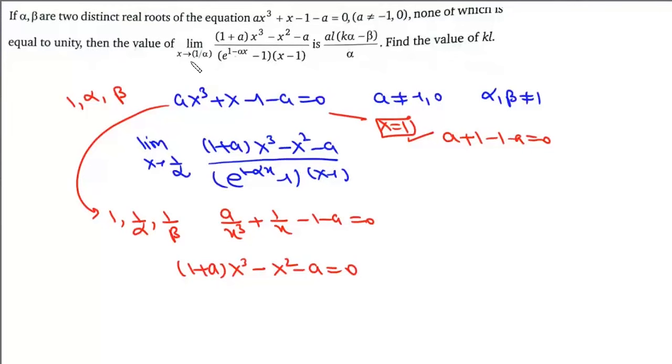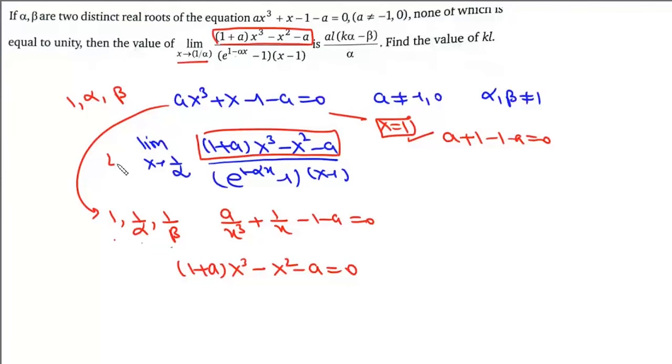So if we take this limit x tends to 1 by alpha, then 1 plus a x cube minus x square minus a will be 0, as 1 upon alpha is one of the roots of this equation. So basically now we know that this equation has three roots, 1, 1 upon alpha and 1 upon beta.